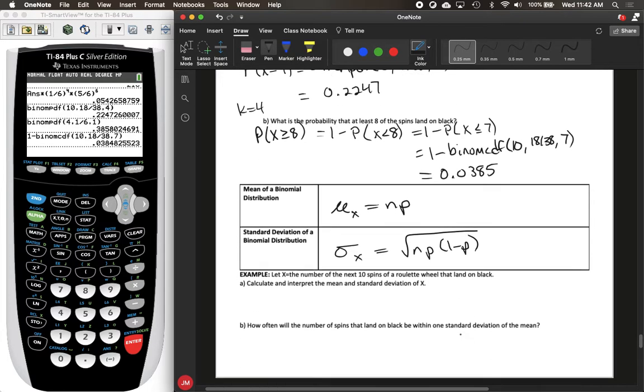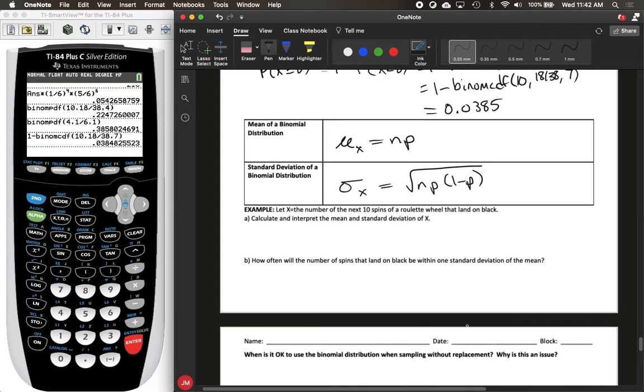All right, so we also haven't talked much about the mean and standard deviation of our binomial distribution, so let's go ahead and talk about that now. So in this example, let's let x be the number of the next 10 spins of the roulette wheel that land on black. And we want to calculate both the mean and standard deviation. Just a reminder, again, that n is those 10 spins, and that p is 18 out of 38.